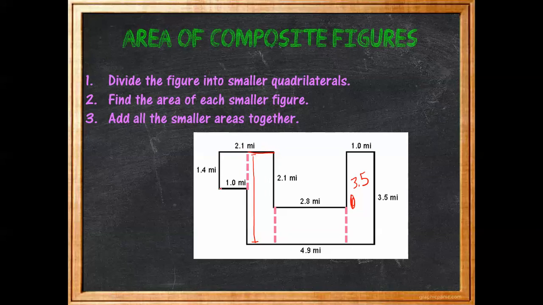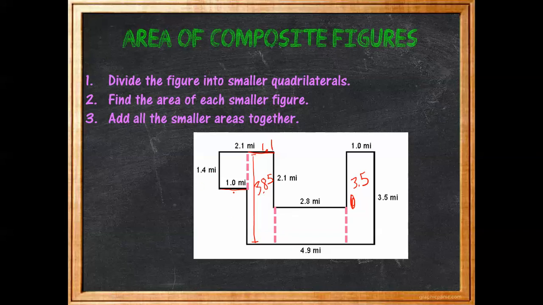We know that this is 1 right here, so if we take 2.1 and subtract 1 from it, that gives us 1.1 for this area. So now we can take 3.5 and multiply it times 1.1, and that's going to give us 3.85 for this little one right here.